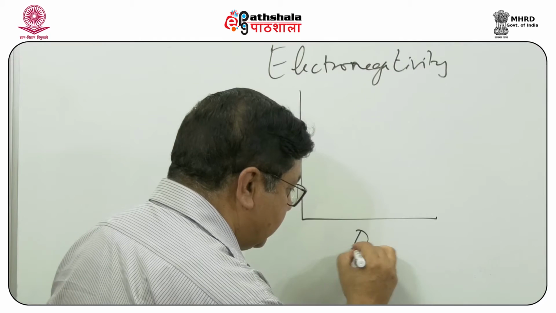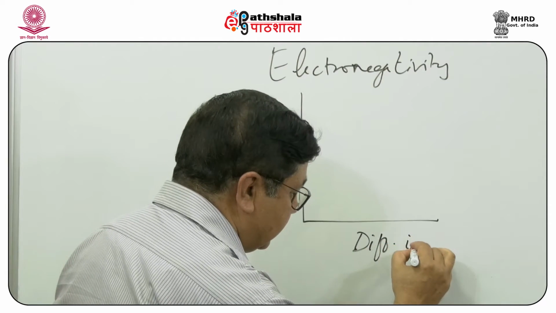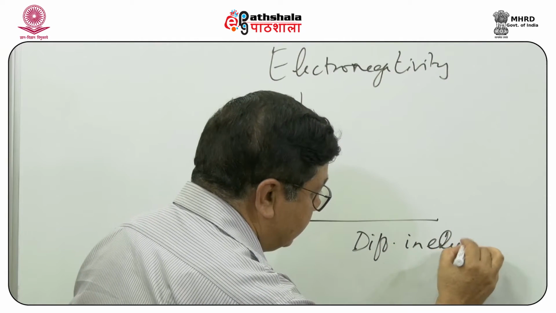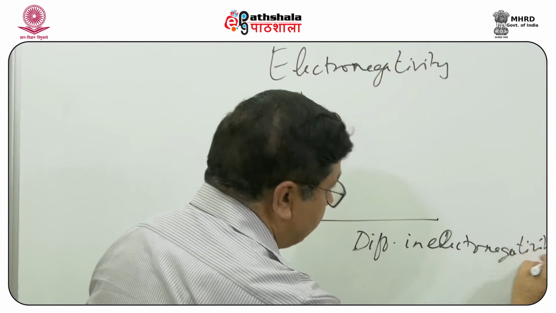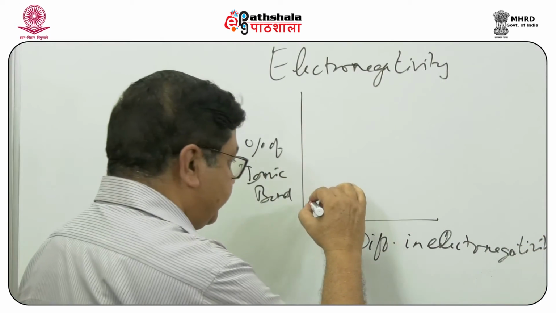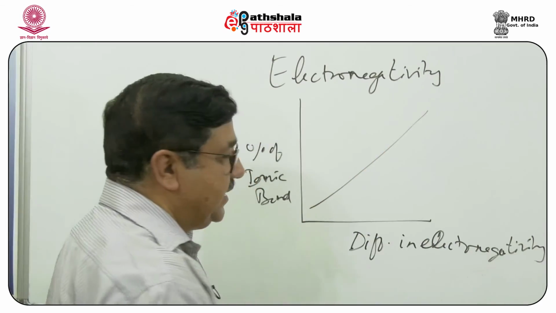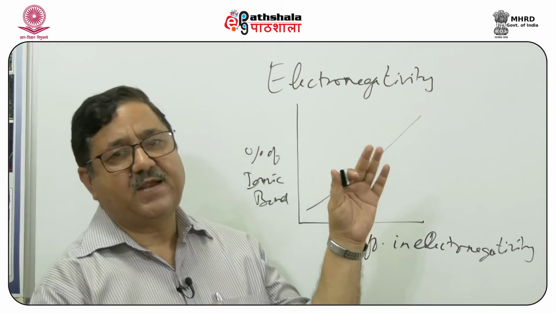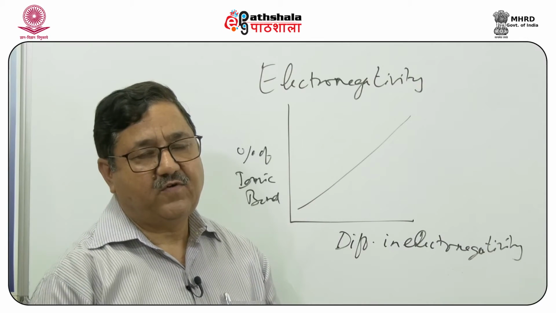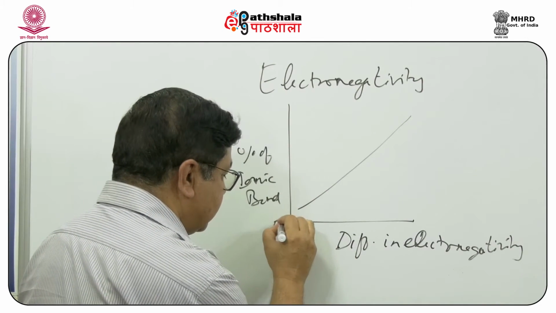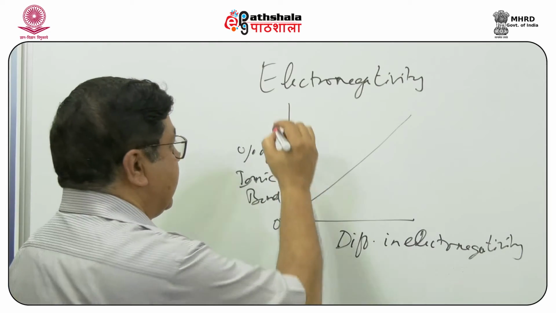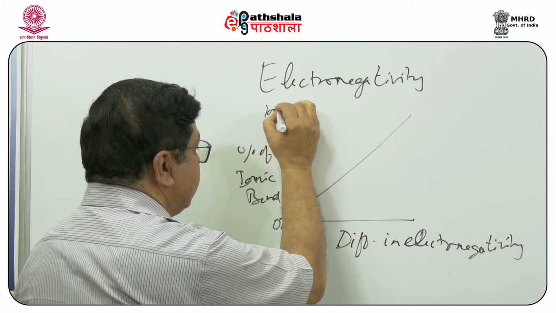So this is the difference in electronegativity. Now in this, the graph is not a straight line but more or less a straight line for different compounds, and this means 0% ionic bond and this means 100% ionic bond.